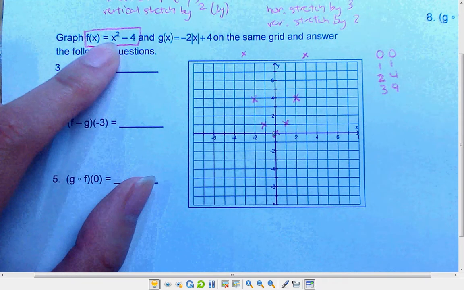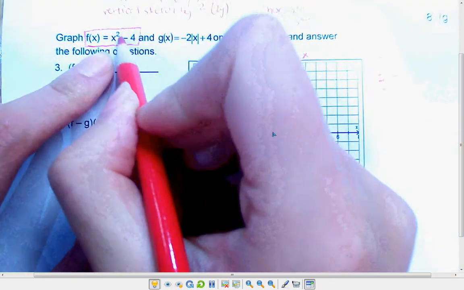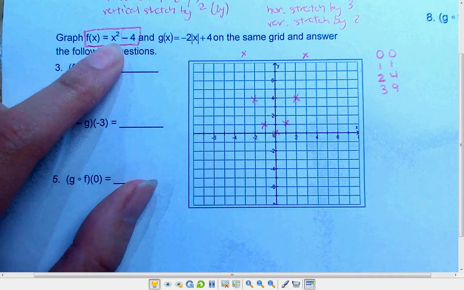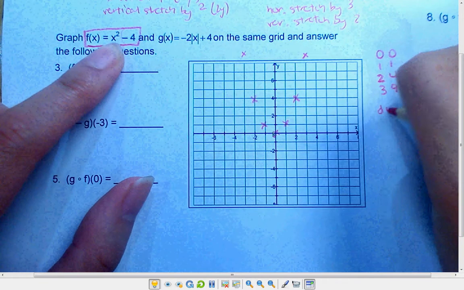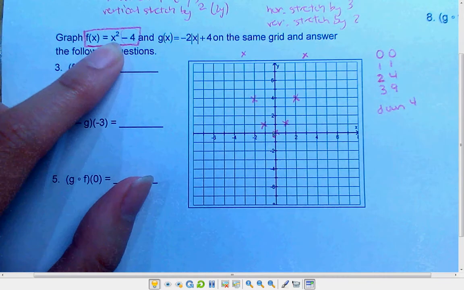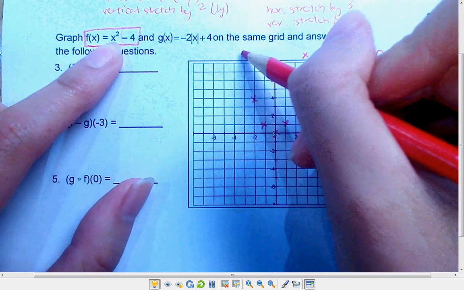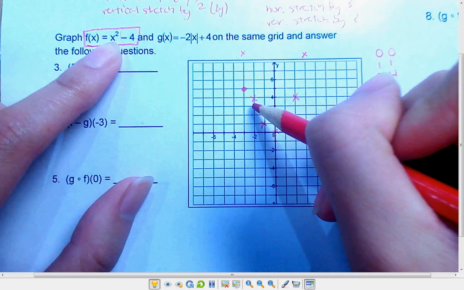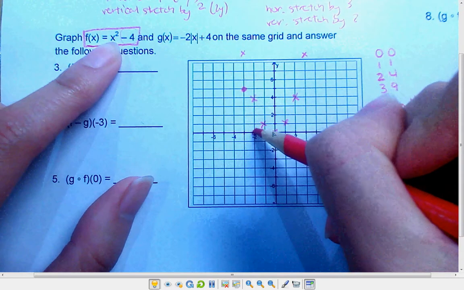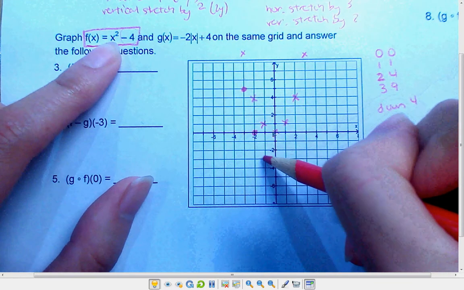This is a simple one because there's only one thing happening to it. Minus 4 is outside the squared, so that means it's going to be shifting down 4. All of my points are just going to be shifted down 4.